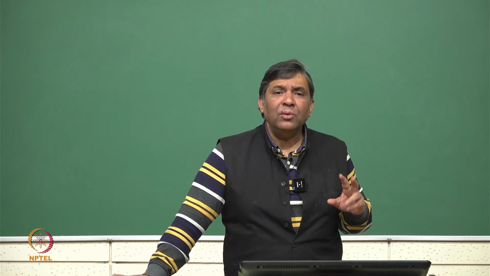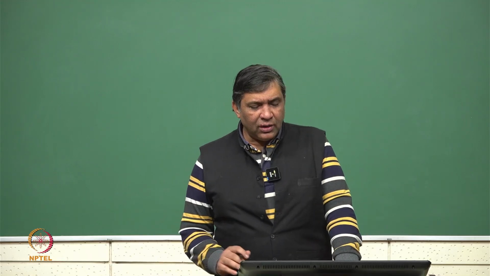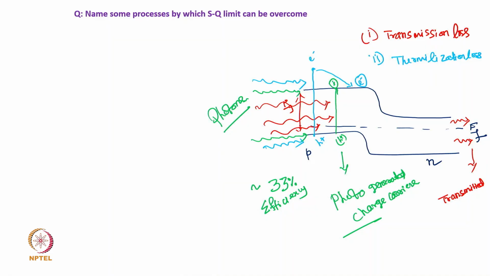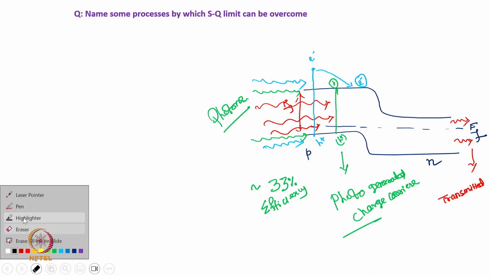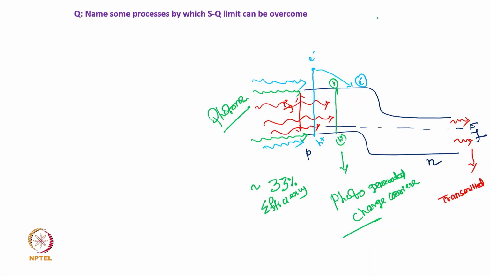So, what are the different processes which we had discussed? Number 1 is multiple exciton generation, MEG.